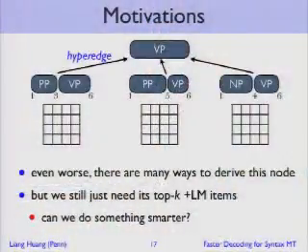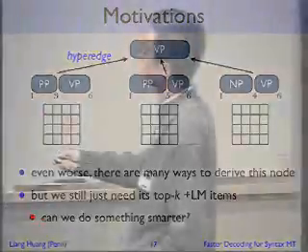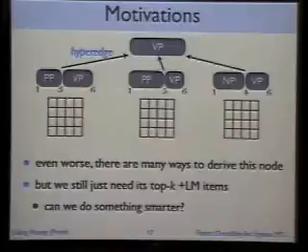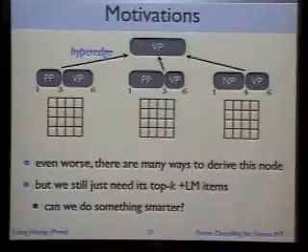Then you also choose the top k in this grid, right? And things become worse in the real case, because you have different ways to derive this node. Just like in CKY, you have different splits and different rules. So you have a lot of different ways to derive this VP, and each of them has a square, k by k, to start with.